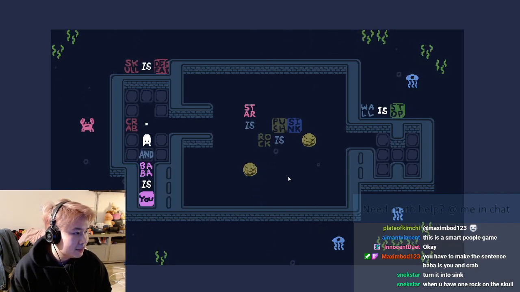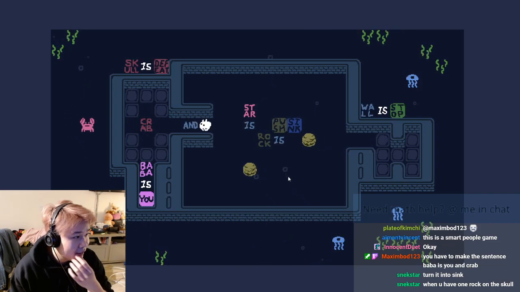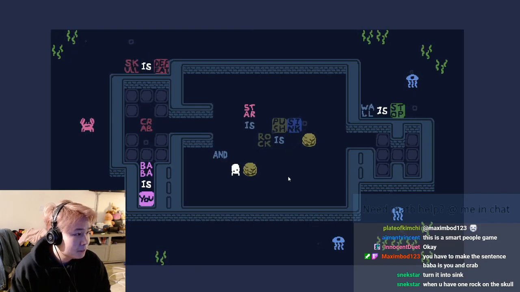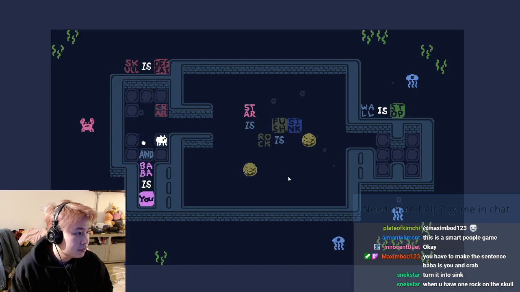And then I need to move this crab over here. So I think I need to think geometrically how this is gonna work. I need to move this out of the way first. Oops, not that much out of the way. This is an issue.